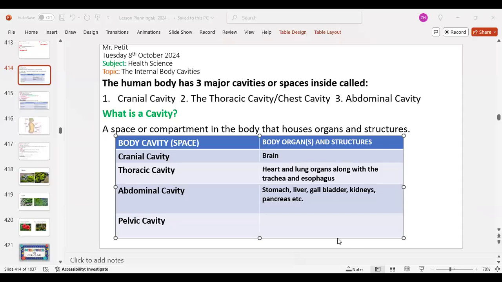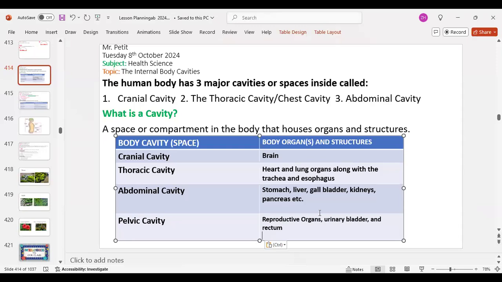We have the reproductive organs as well. And you also have the rectum. So you have the reproductive organs, the urinary bladder, and the rectum. The appendix? What about the pelvis? The appendix.